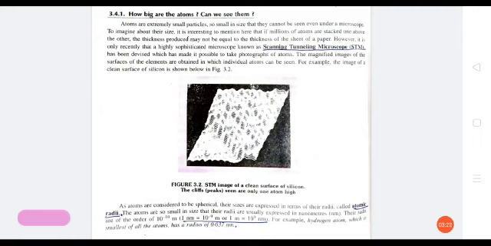The figure is of an STM image of a clean surface of silicon.